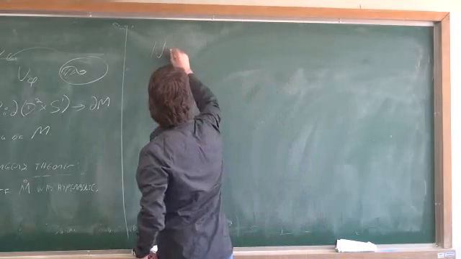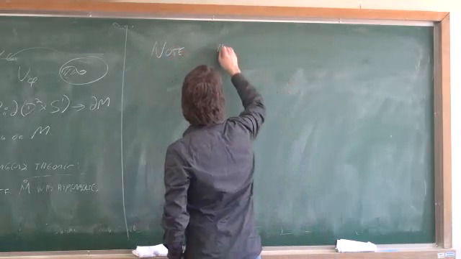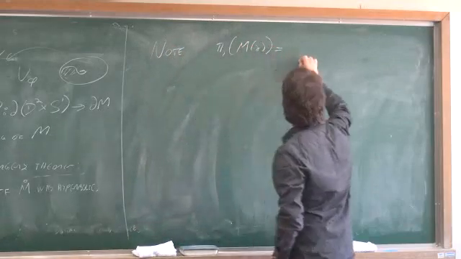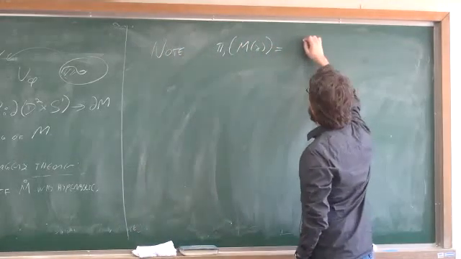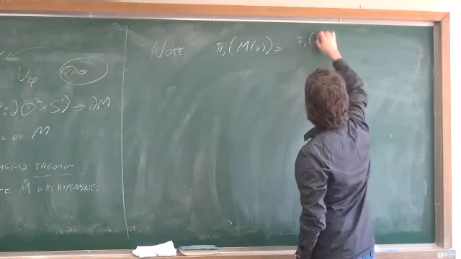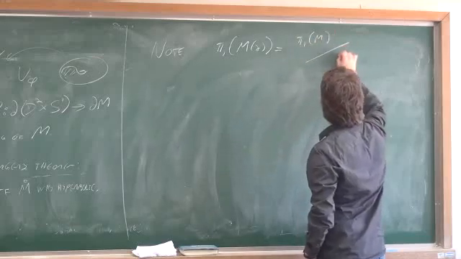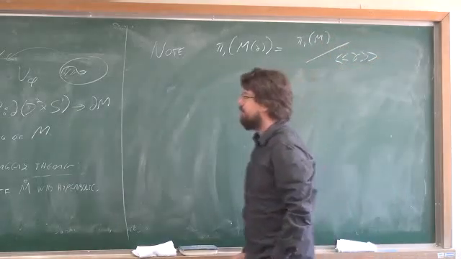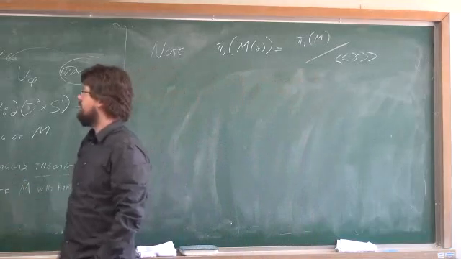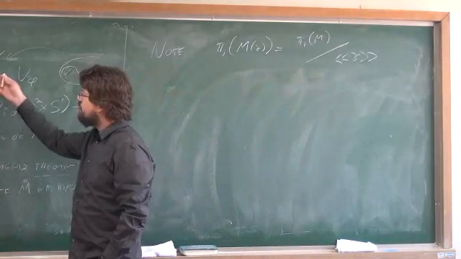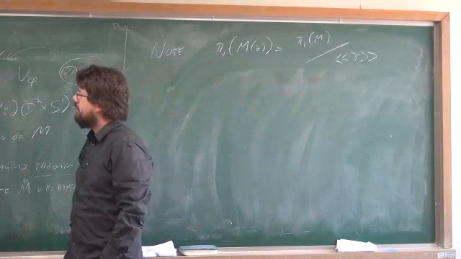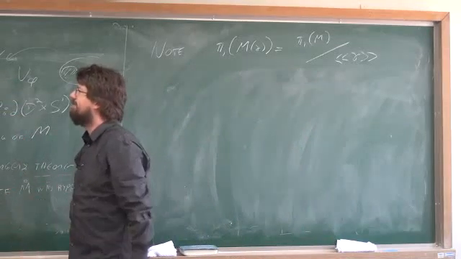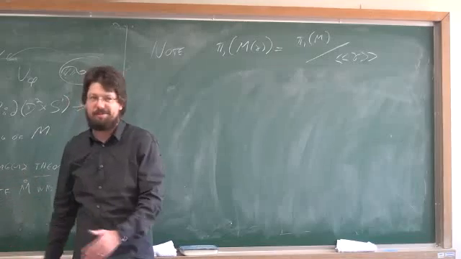So notice pi1 of M of gamma is equal to the quotient pi1 of M mod out by the normal closure of gamma. And so the group theoretic content of this statement is that most ways of adding a peripheral relation leave you in some sort of negatively curved setting.